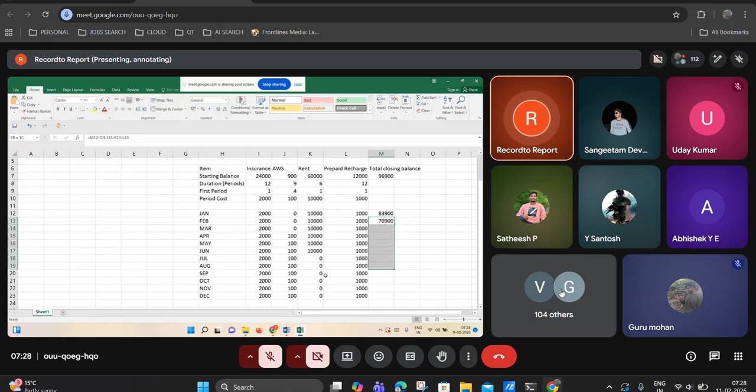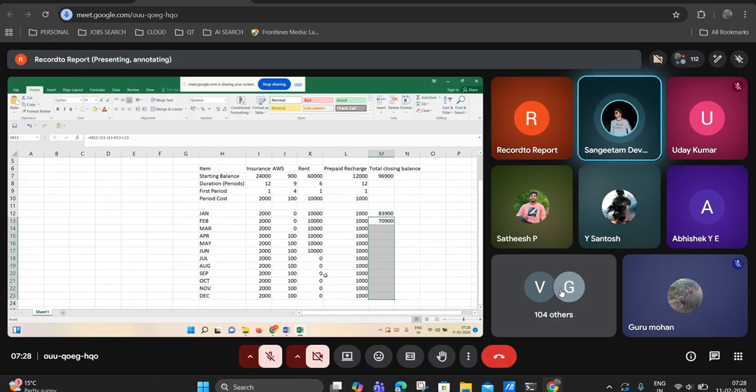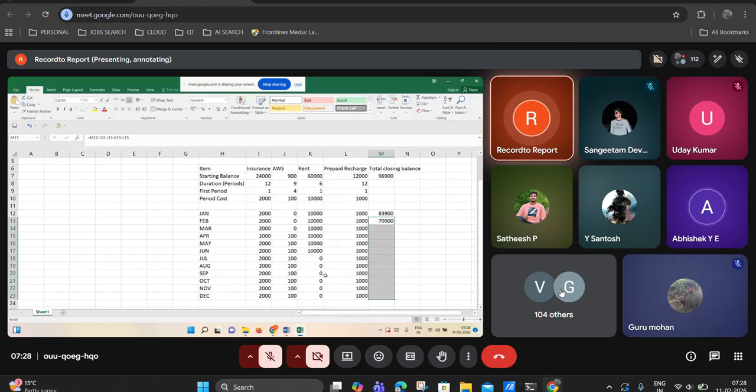What is the closing balance after December? It will become zero, guys, because every month the expenses will be utilized.